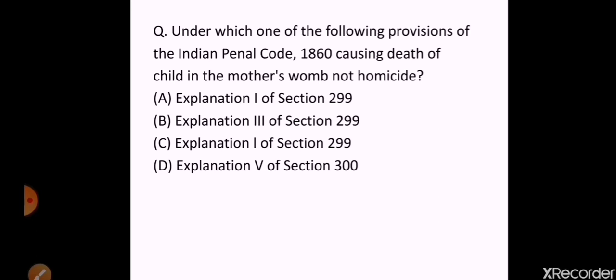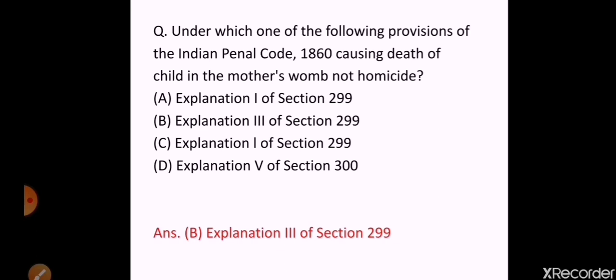B, explanation 3 of section 299. C, explanation 1 of section 299, and D says explanation 5 of section 300. So the correct answer is option B, that is explanation 3 of section 299.